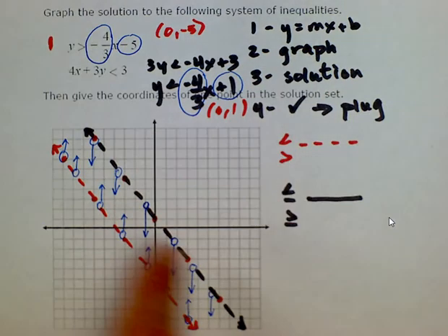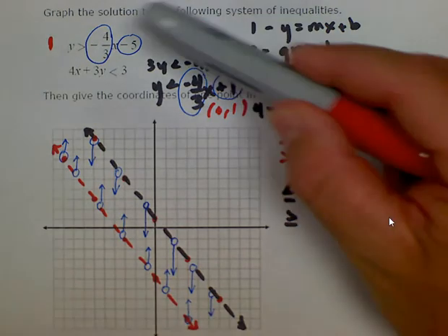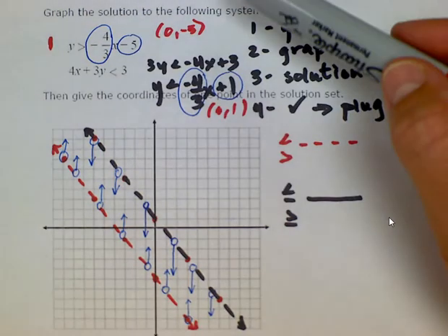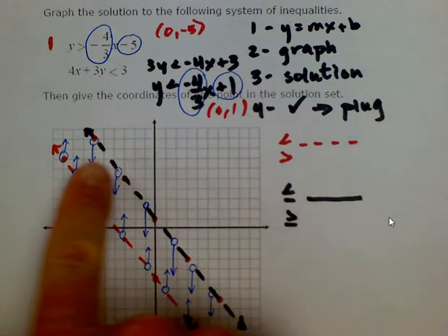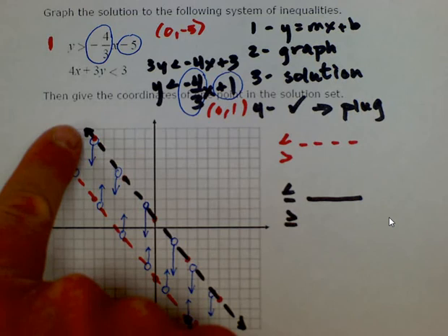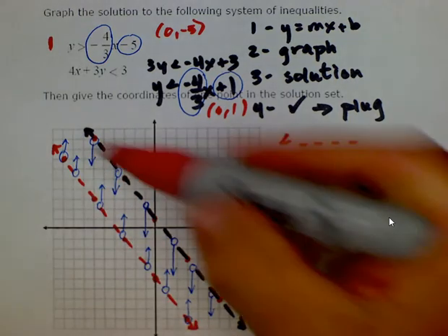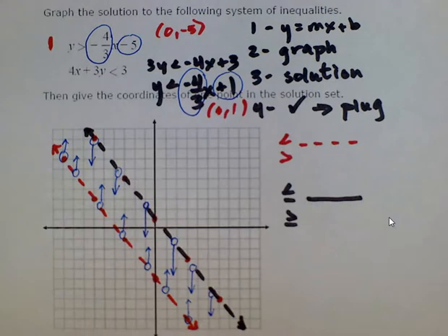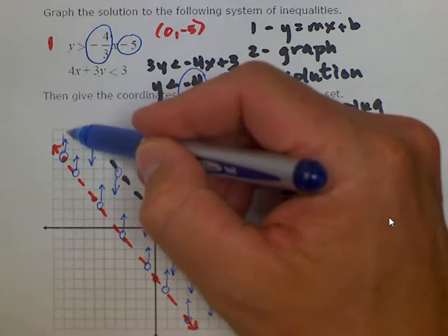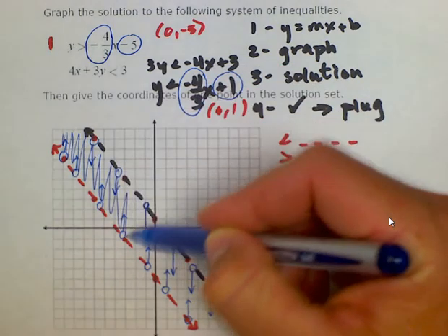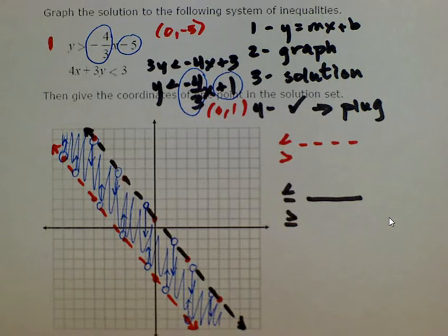But we're only interested in the solutions that make both statements true, or are solutions for both inequalities. So we see that it's going to be only the region in between the lines. So we could shade in between the lines. And I'll go ahead and do that in blue so that it's a little easier to see. So we would shade everything in between the lines to not include the lines. We would keep those dashed lines.